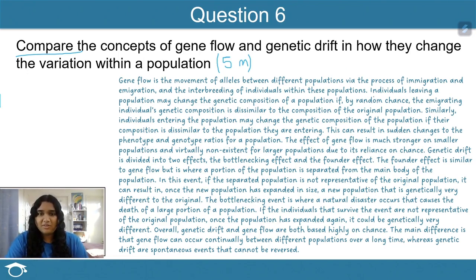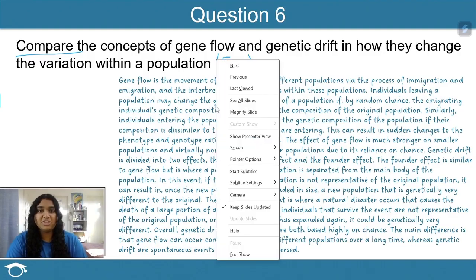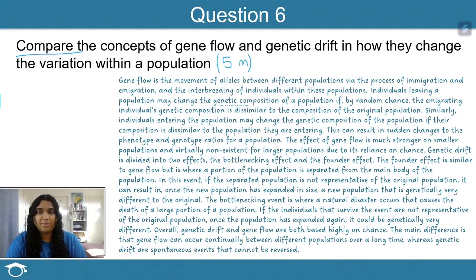So here, individuals leaving a population may change the genetic composition of a population if by random chance the emigrating individual's genetic composition is dissimilar to the composition of the original population. What that's basically saying is that if the organisms that are leaving a population have very unique genes, it's going to change the allele frequencies of the original population because now the one individual that contained that unique allele has gone.